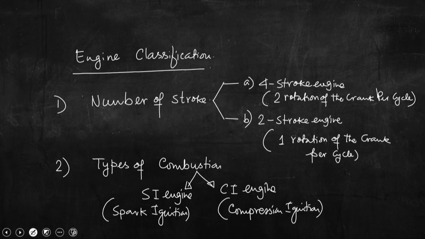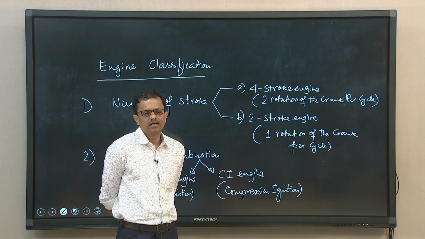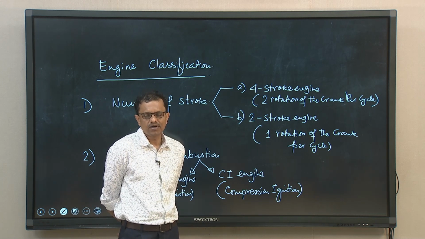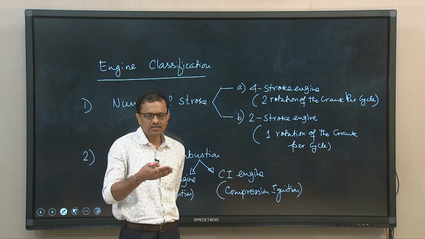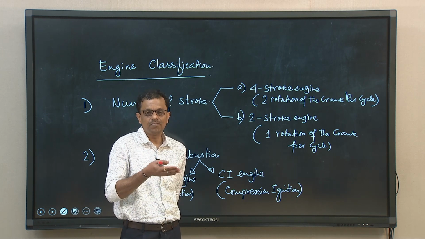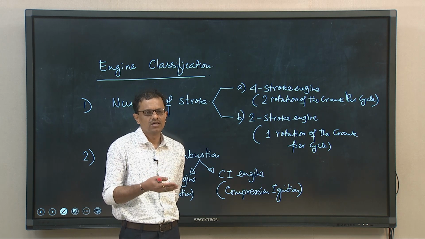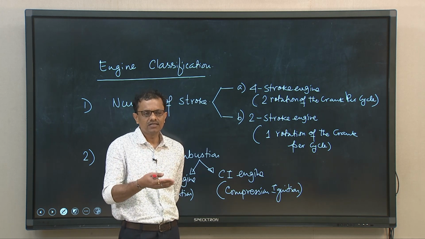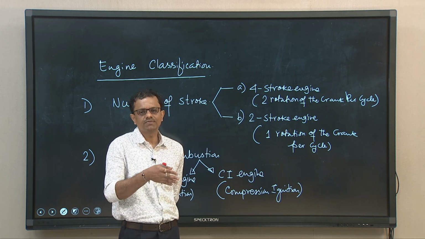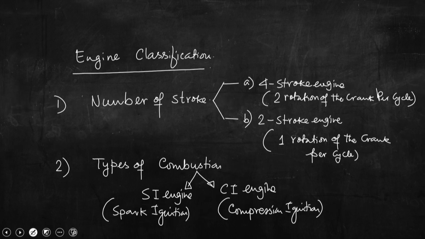On the other hand, in a compression ignition engine, there is no need of an external agent like a spark plug. Instead, the thermodynamic state of the compressed air at the end of the compression stroke helps the fuel to ignite the moment fuel is sprayed into the combustion chamber.